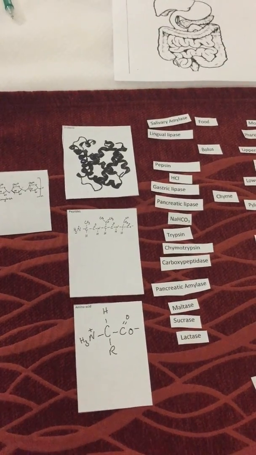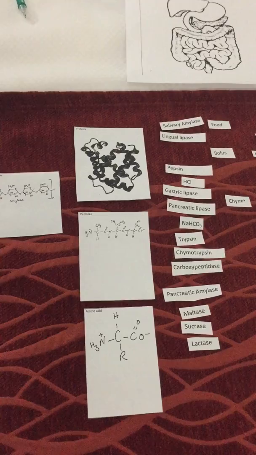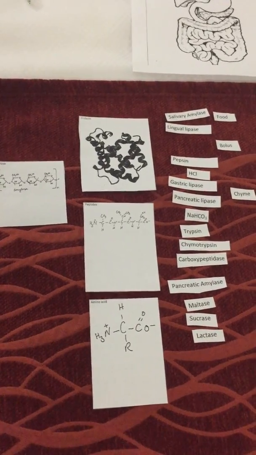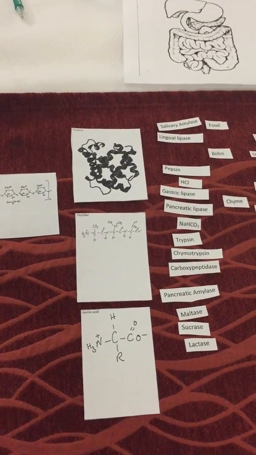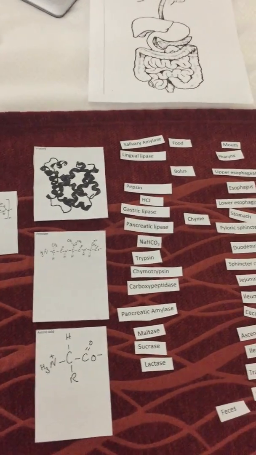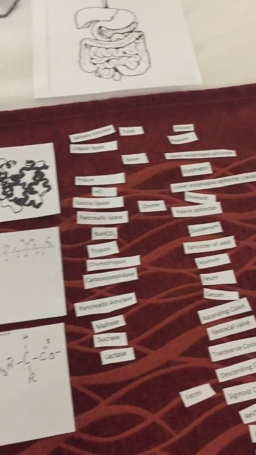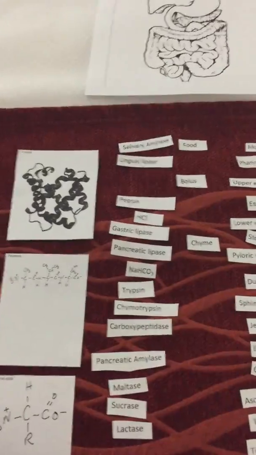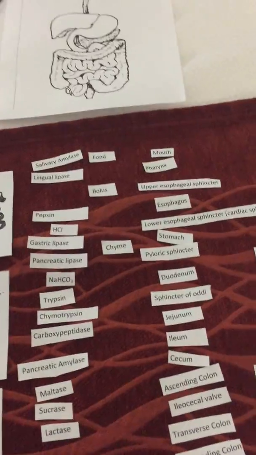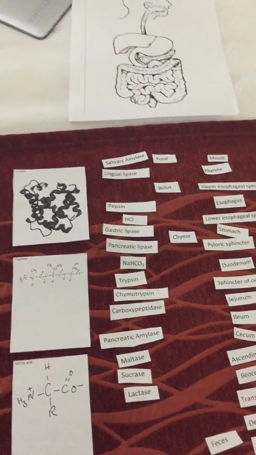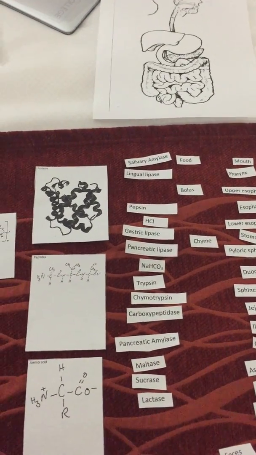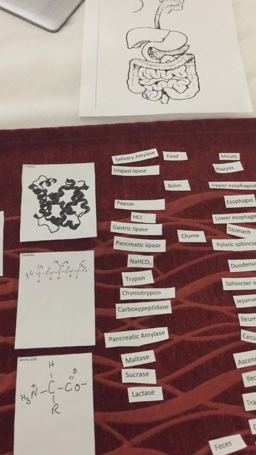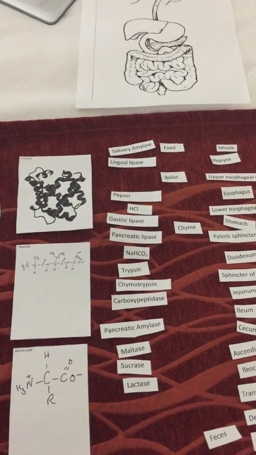Second, it promotes the breakdown of proteins by converting the enzyme precursor pepsinogen to the active form, pepsin. There's the pepsin right there. Pepsin then begins breaking the links in protein chains, cutting dietary proteins into smaller and smaller pieces.